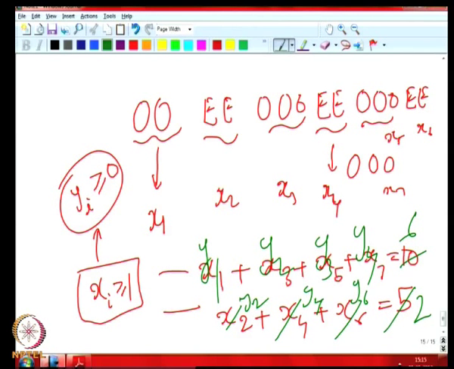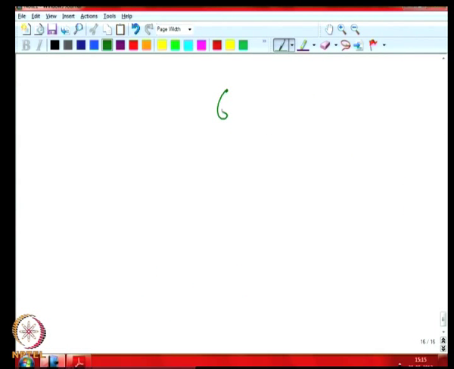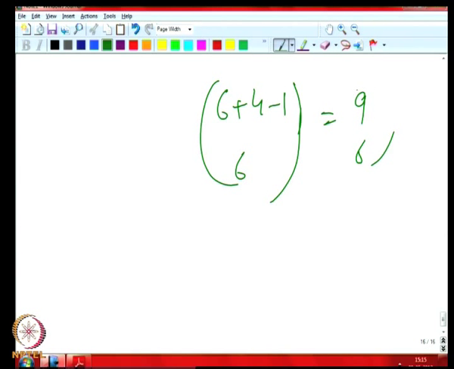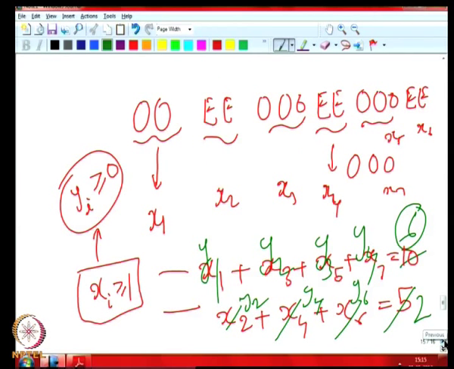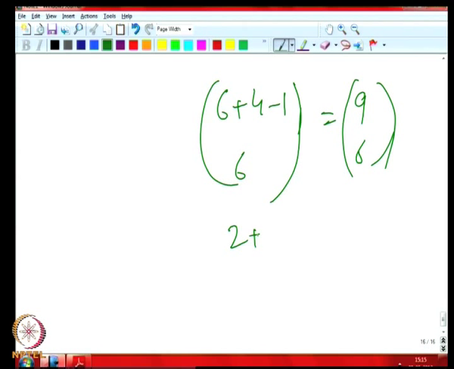Now, we can see that the total number of possible ways to give values to y1, y2, y3, y4 is 6 plus 4 minus 1 choose 6, that is 9 choose 6. Similarly, the number of ways to assign values to the e's is 2 plus 3 minus 1 choose 2, this is 4 choose 2.